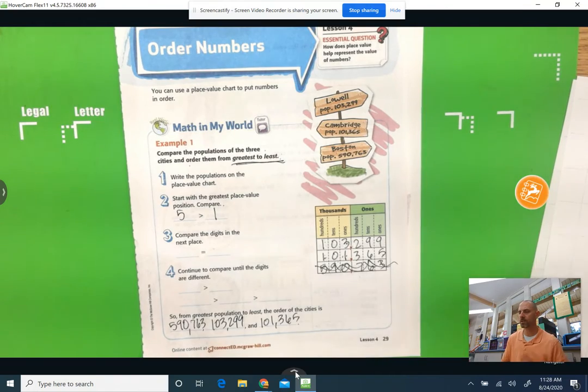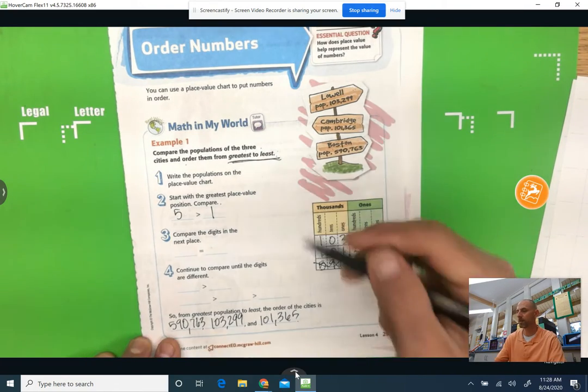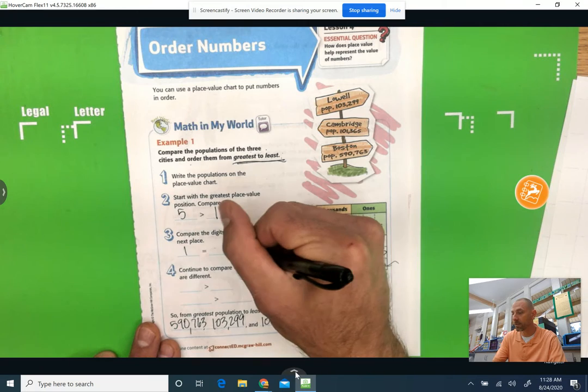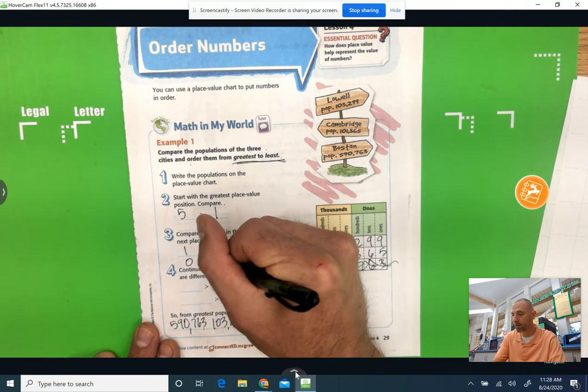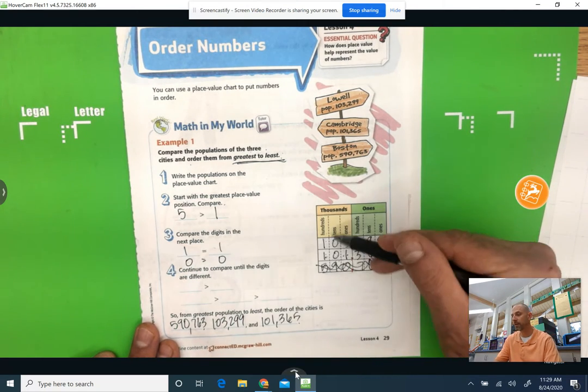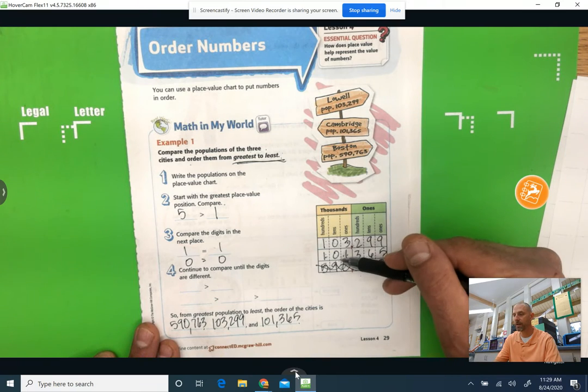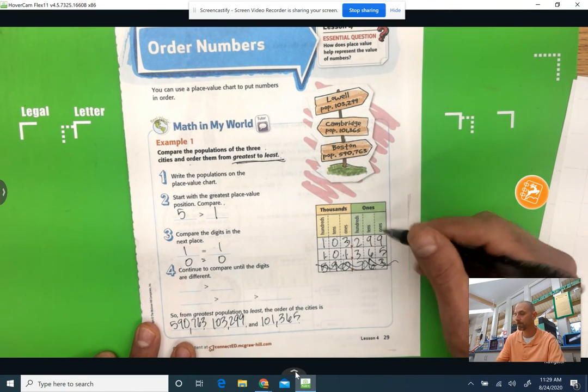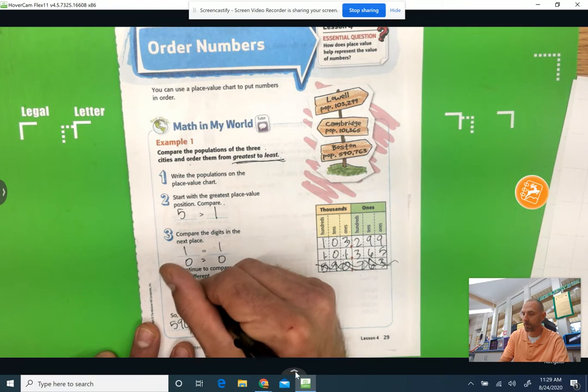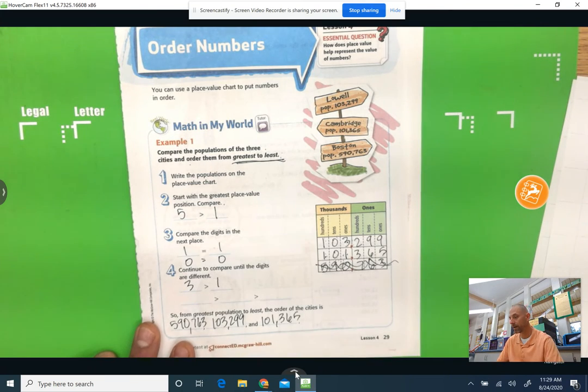For step number 3, just to work backwards a little bit, in the hundreds place, you had 1 is equal to 1, and you also had 0 is equal to 0. You couldn't use either of those place value positions to compare these 2 numbers. Okay, and then we found that 3 was greater than 1.